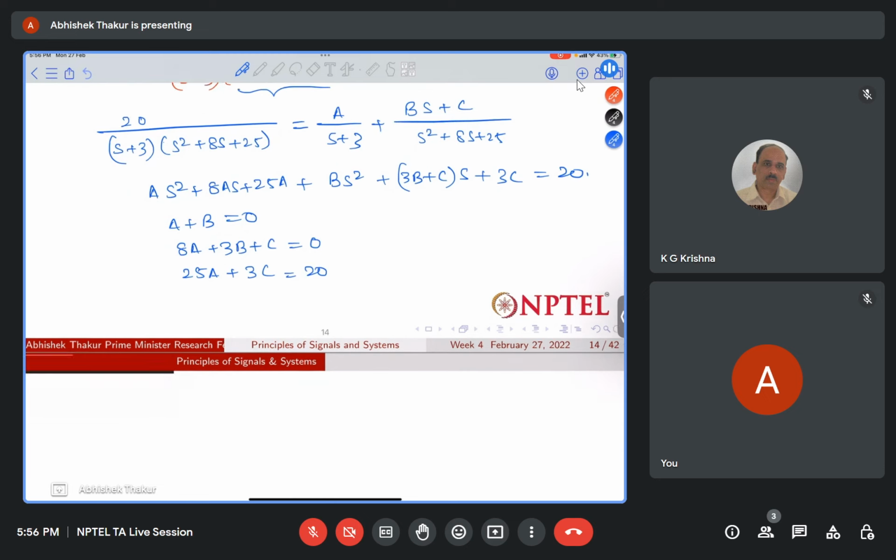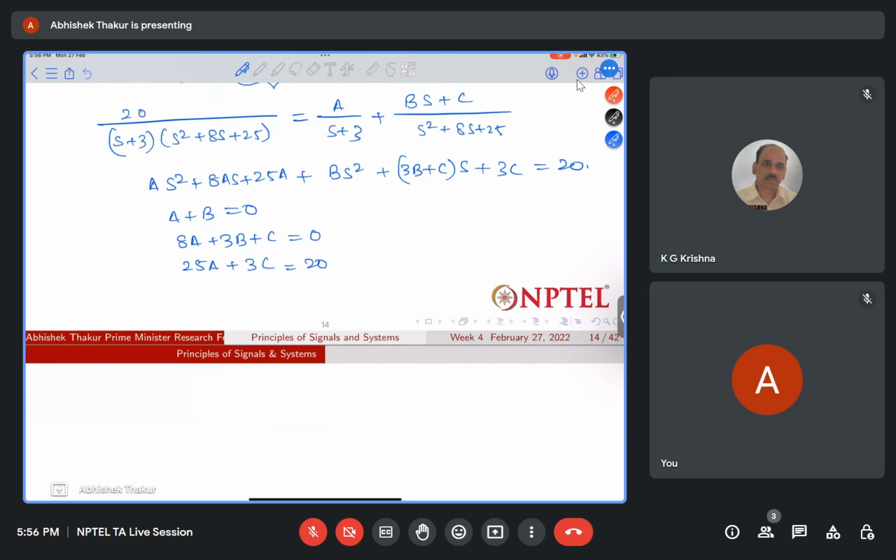So now we have to solve these equations. From this we can write A is equal to minus B, and instead of 3B we can substitute minus 3A. So we get 5A plus C is equal to 0, and here we have 25A plus 3C is equal to 20. We can calculate it very fast, but I am doing it step by step. Just multiply by 5 and subtract.